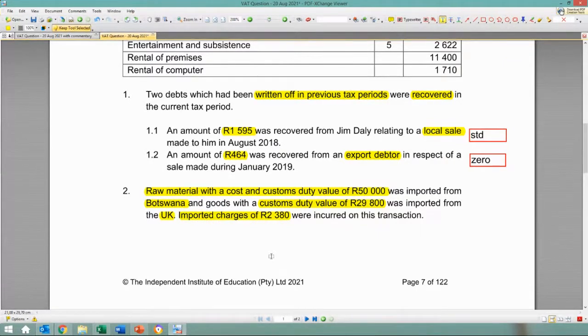Okay, how would we deal with this importation of goods? What is the calculation we need to do to work out the VAT component based on the goods we've imported? So I'm going to repeat the question. When we import goods, how do we calculate the VAT?